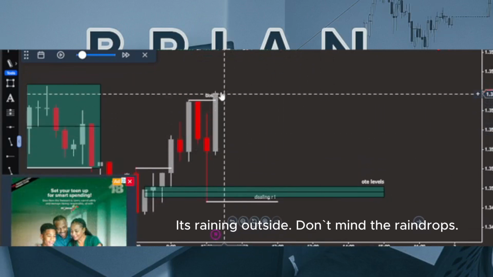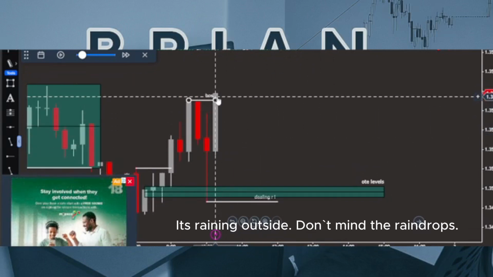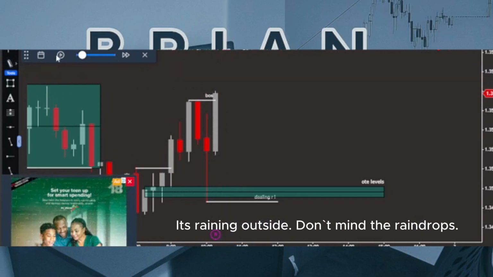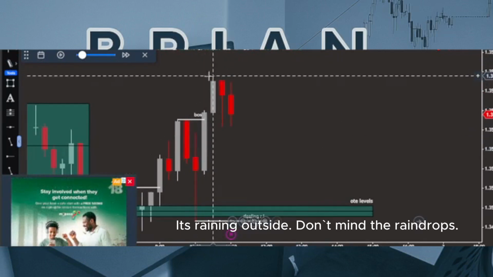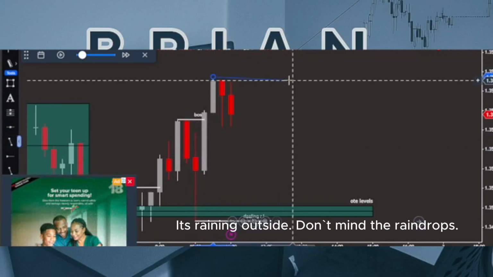and then we wait for deal edge high, which shall be made by the first swing after BOS. Here we have the first swing after BOS, swing high. This becomes our deal edge high.